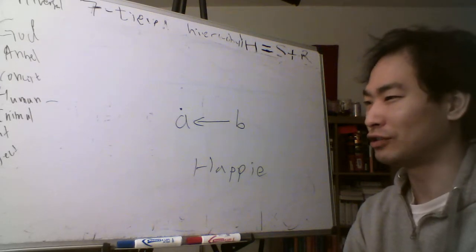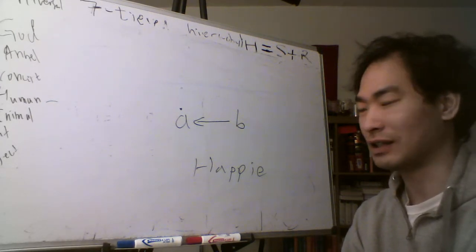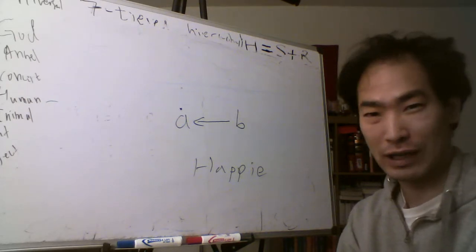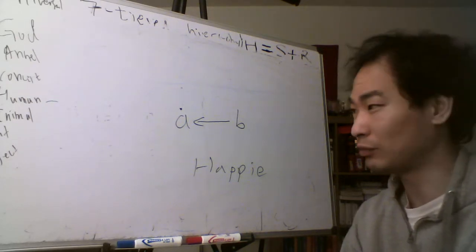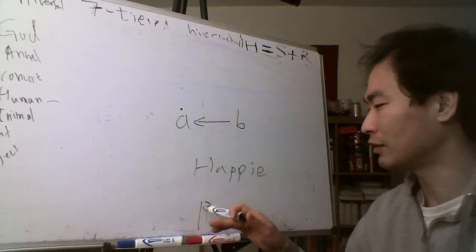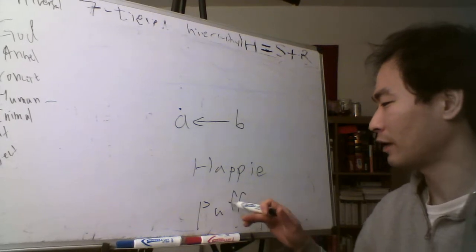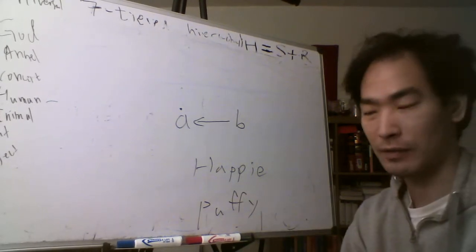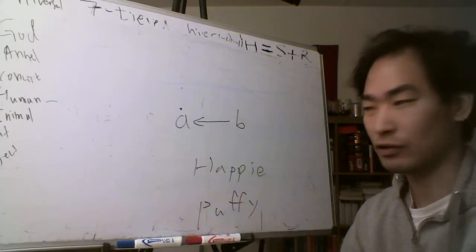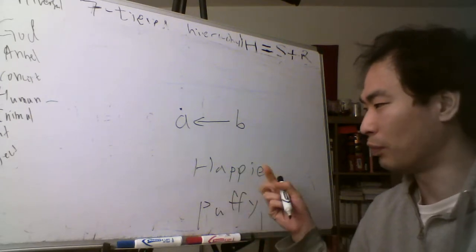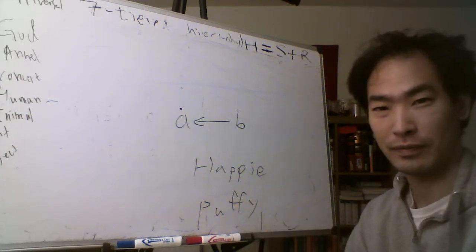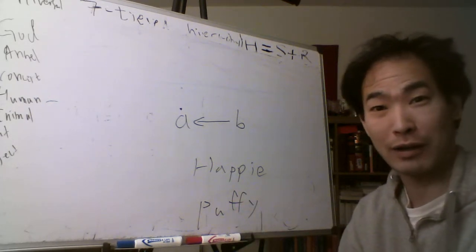And how do you train a dog so that it recognizes its name? Probably a dog recognizes its name when you call the dog. Say you have two dogs, Happy and Puffy. If you say, Puffy, come here, do both dogs come to you or only Puffy comes to you? I don't know. I don't have dogs.